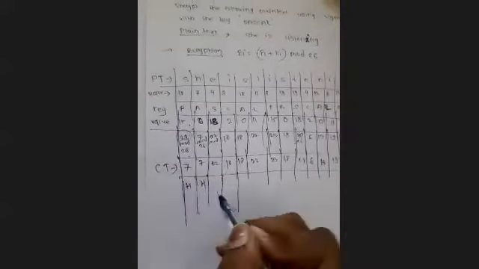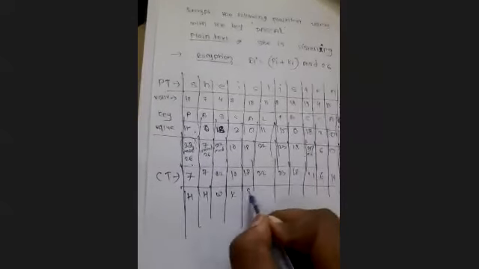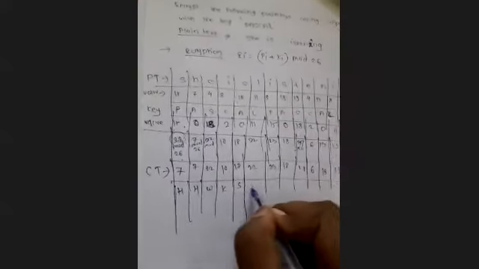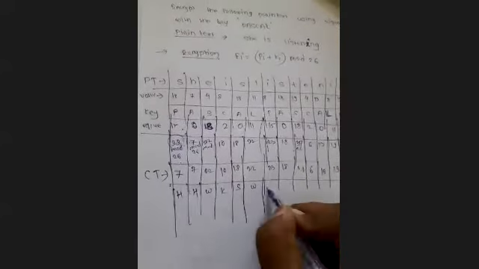This is the final ciphertext for the given plain text. Just write down the respective alphabets for these values. So 7 is H. 22 is W. 10 is K. 18 is S. 22 is W. 23 is X.